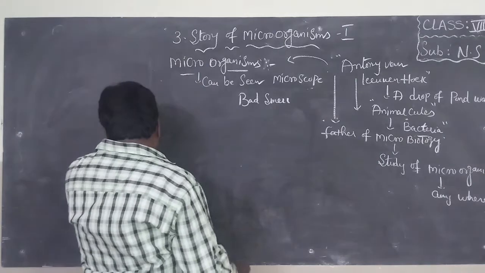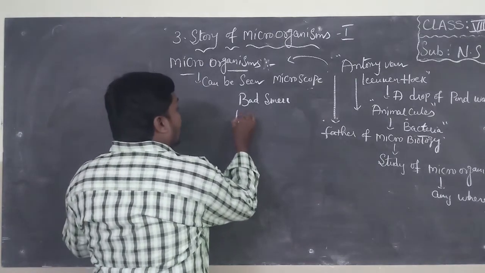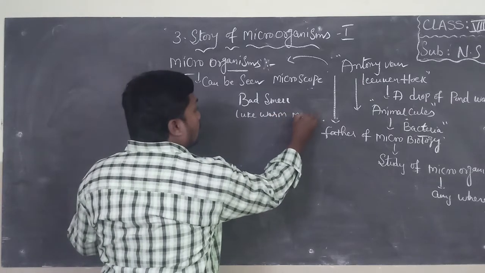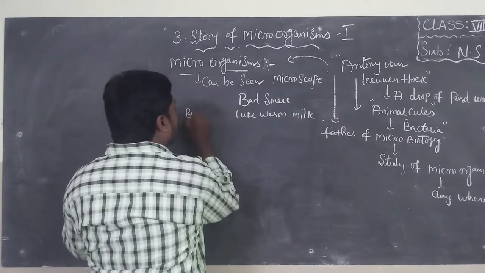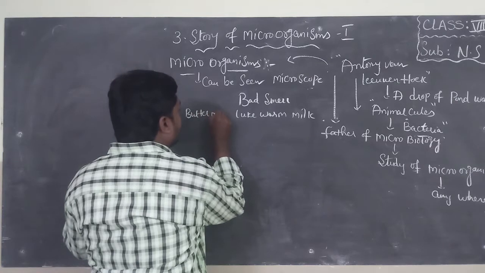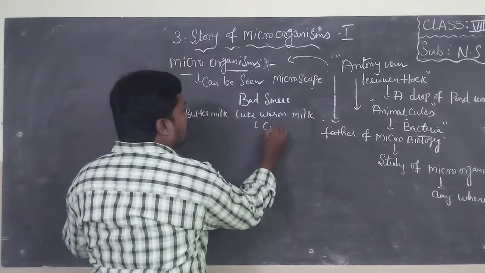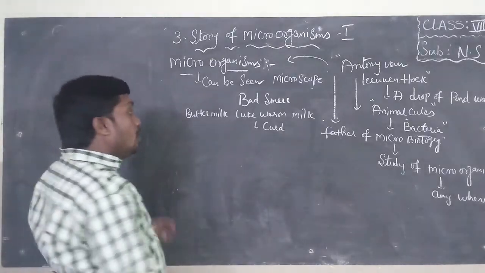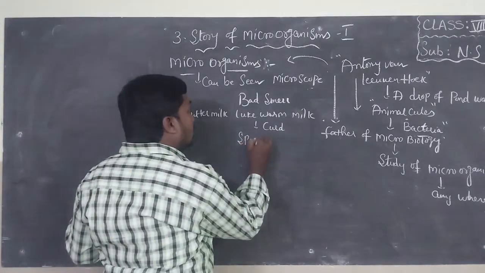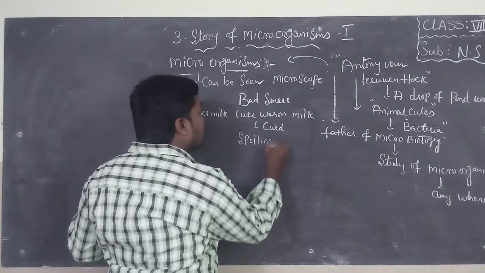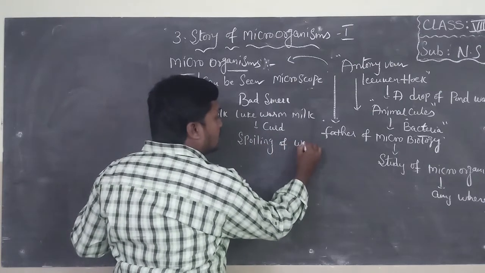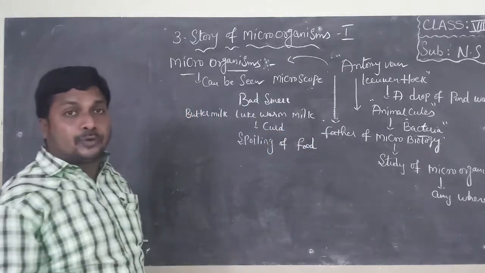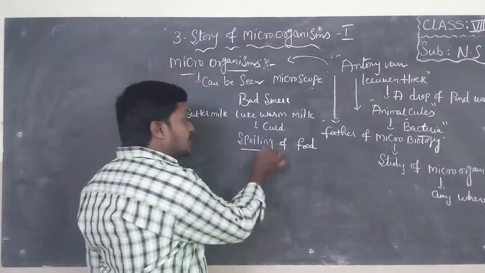And also, when you add buttermilk to lukewarm milk, the lukewarm milk turns into curd. Spoiling of food. Are we familiar with the smell of spoiling food? When the water content in the food increases, food will be spoiled within a short period of time.